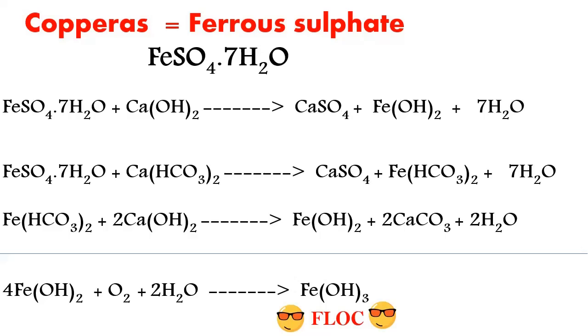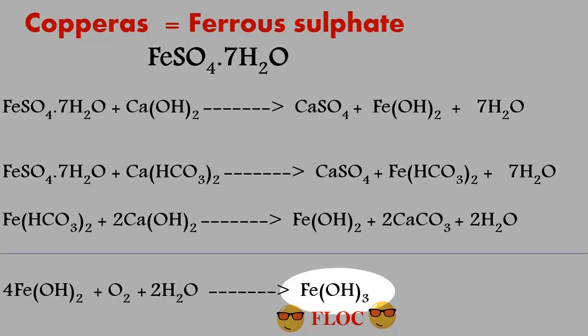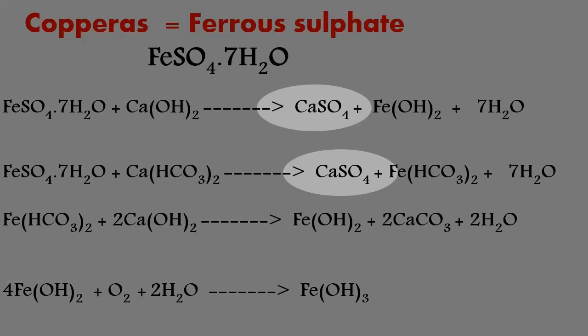Understood? Now, based on the availability of Ca(OH)2 and HCO3, two reactions happened, but the ultimate aim is ferric hydroxide, Fe(OH)3. Understood? Then again by adding copperas, the permanent hardness is induced.